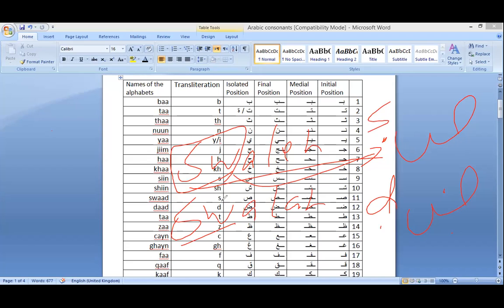In the pronunciation, you say Swaleh, Swa.